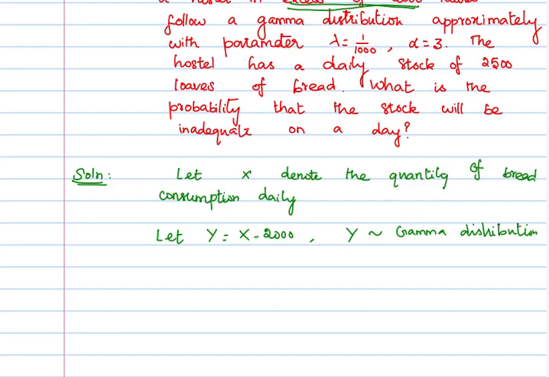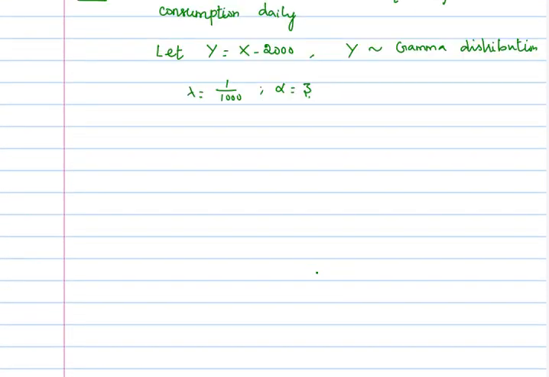Next, what are the parameters given? Lambda equal to 1 over 1000, or 0.001, and alpha value is 3. Then what is the probability density function?